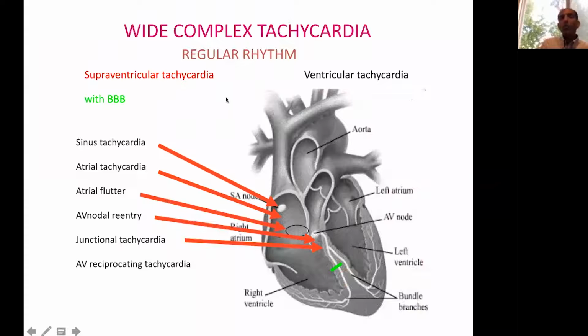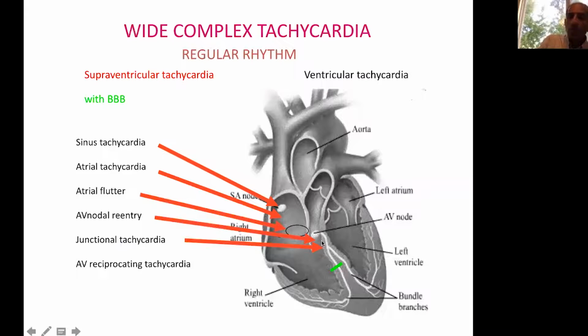Now, when you get a wide complex beat in between sinus beats, then there are a few possibilities. Most likely it is coming from the ventricles, but it is also possible that the wide complex beat is actually coming from the upper chamber of the heart. And why would it be wide?